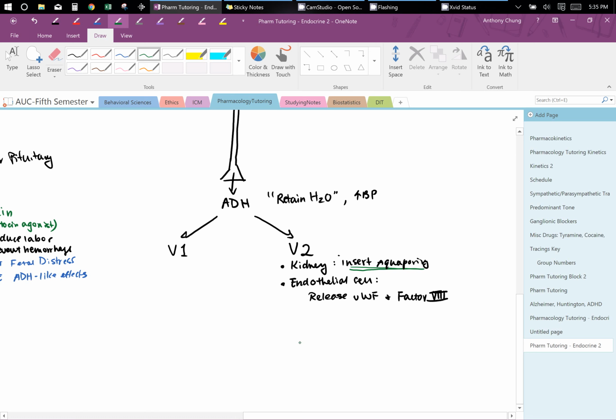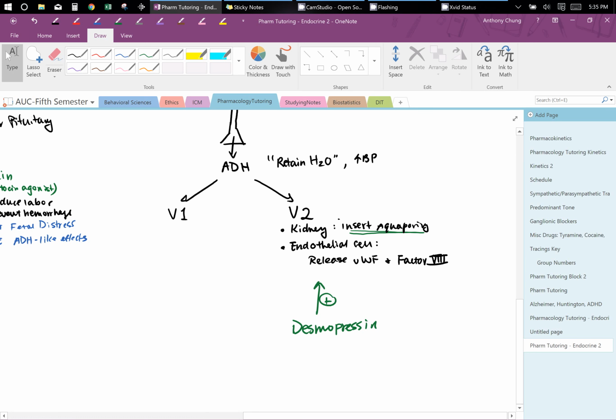So the agonist here will be desmopressin. This is the V2 agonist.